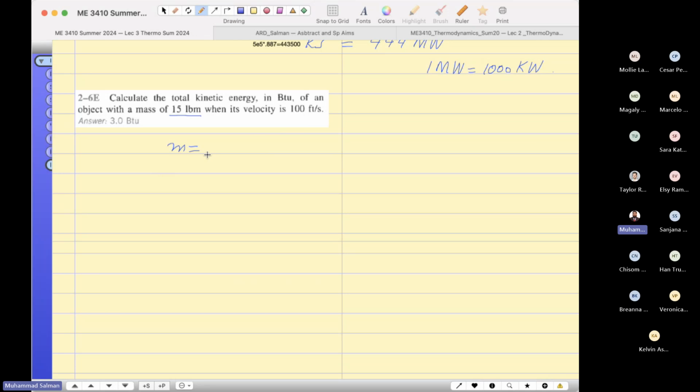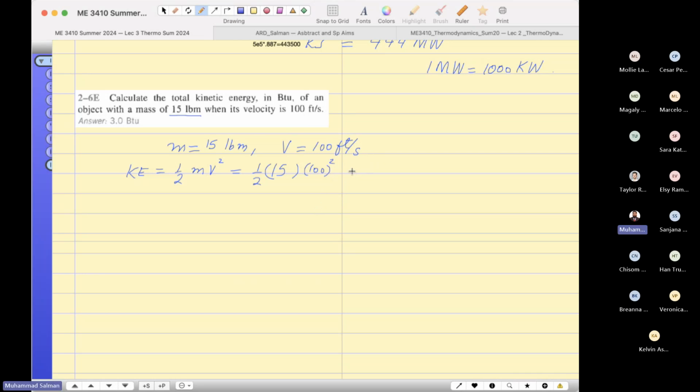Mass of the object is 15 pound mass, and the velocity is 100 feet per second. And you know the kinetic energy is half m v squared. So I can write down half m v squared.